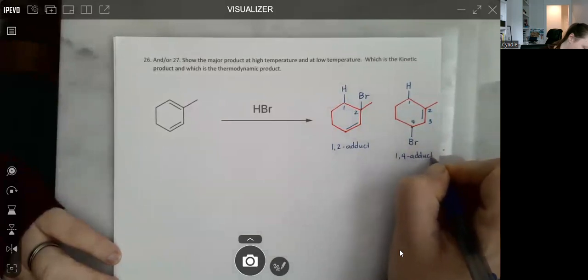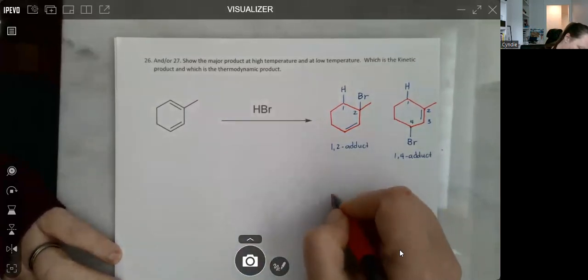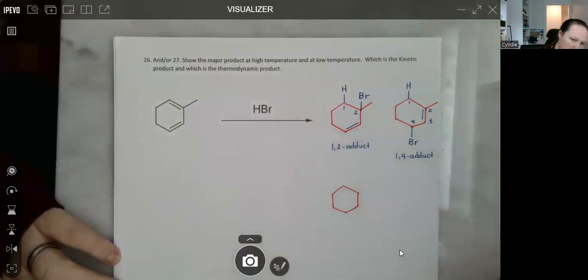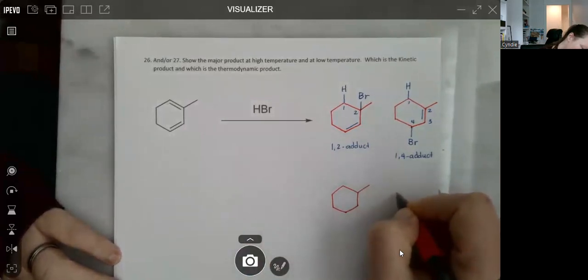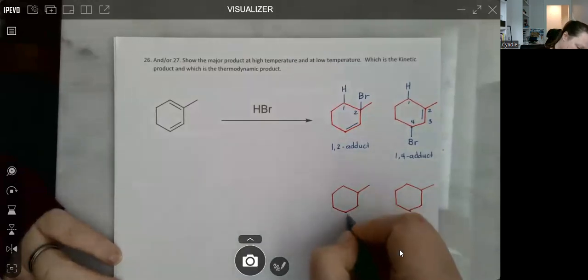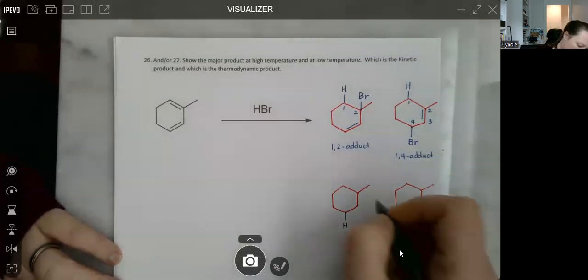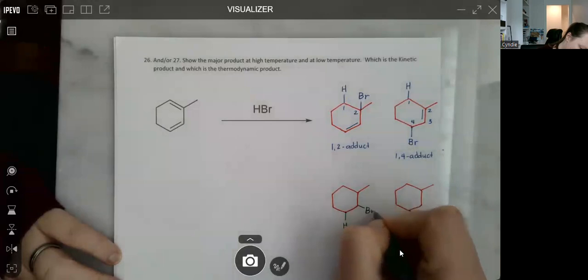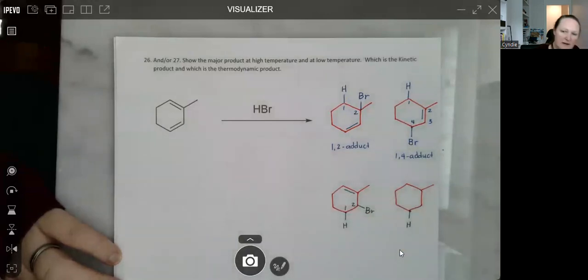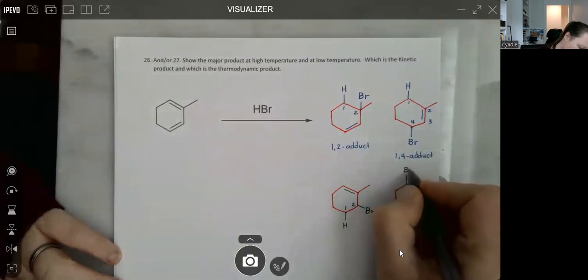Now, because there isn't symmetry here, if we were to place the proton at the bottom terminal carbon, let's say here, right, then the bromine could go at the 2 position, leaving a double bond between 3 and 4, or it could switch here and we could put the bromine at the 4 position, right?